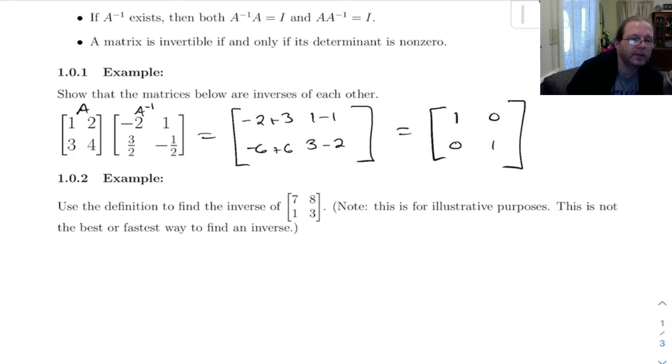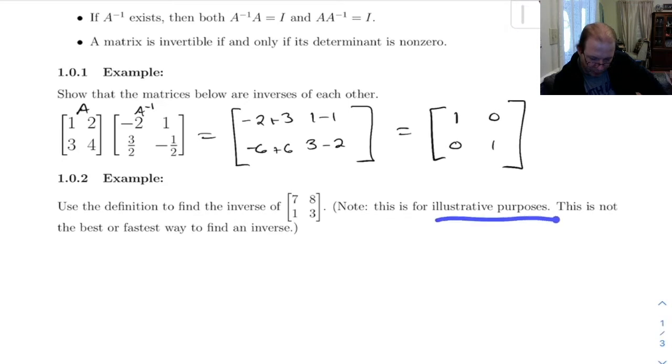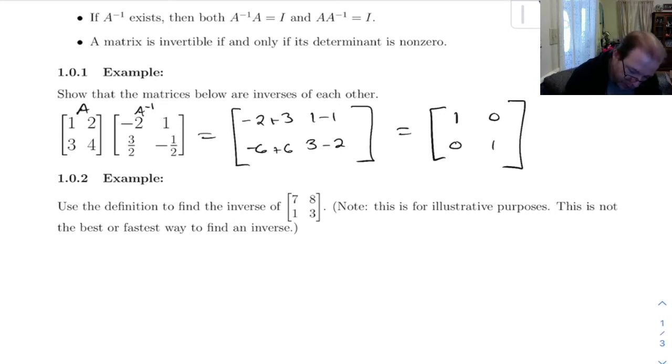All right. So let's look at using the definition to find the inverse of this matrix here. I'm just doing this as an example for illustrative purposes. This is not the best way to do it, but I do want to show you that you can do this. So this matrix, 7, 8, 1, 3. Let's find its inverse.